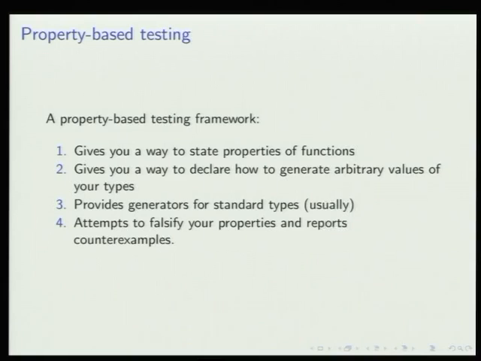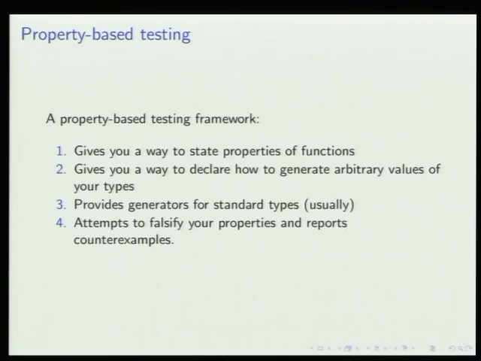So property-based testing gives you a way to state algebraic properties of functions that must always hold. It also gives you a way to declare how to generate random values of your types so that the testing tool can use these values to check whether the property holds. They will usually provide generators for most of the common types in the standard library of whichever language you're doing this in.